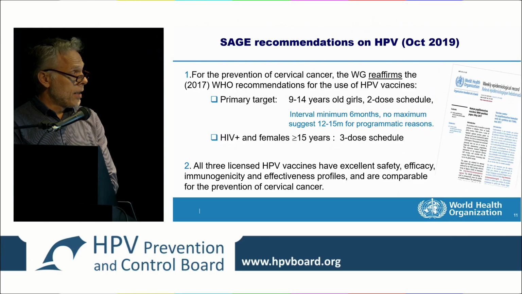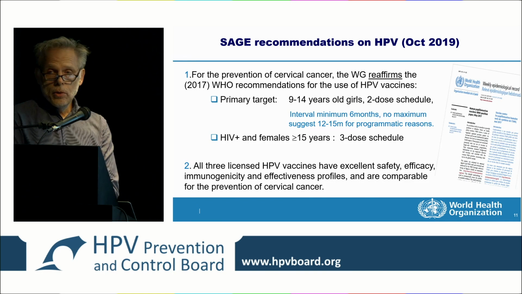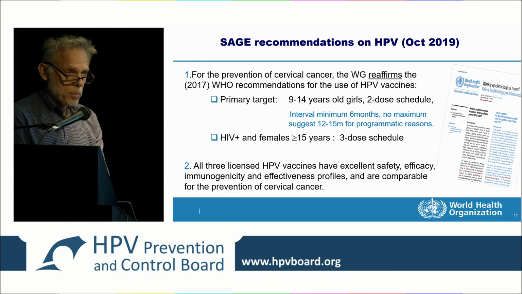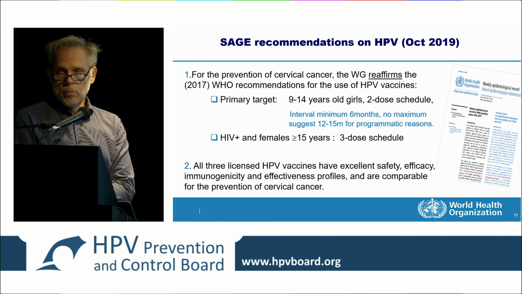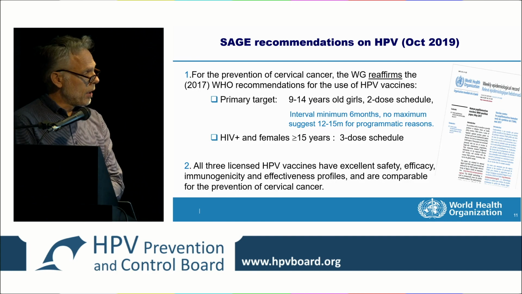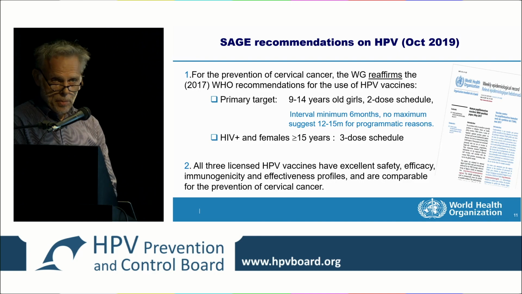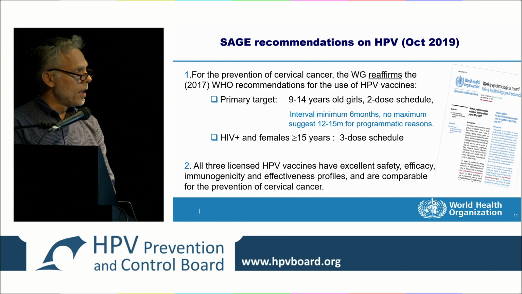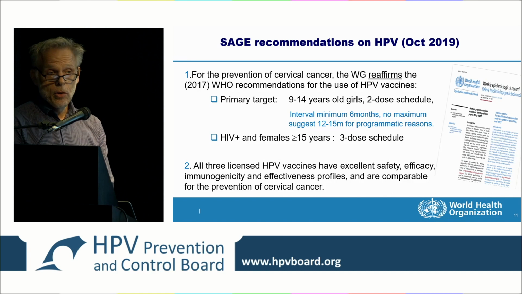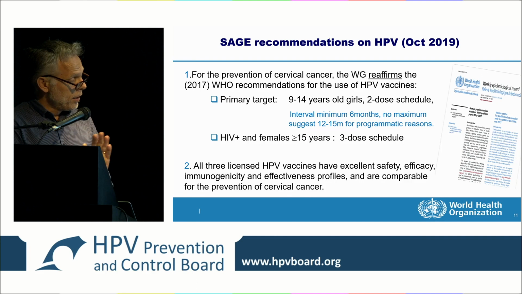That actually said 9 to 14-year-old girls, 2-dose schedule. We looked at interval data, but we realized we already had a quite permissive interval recommendation: 6 months minimum, which is very firm, but there's no maximum. 12 to 15 months is recommended. So that was the previous recommendation already.